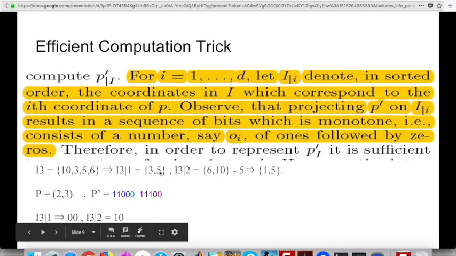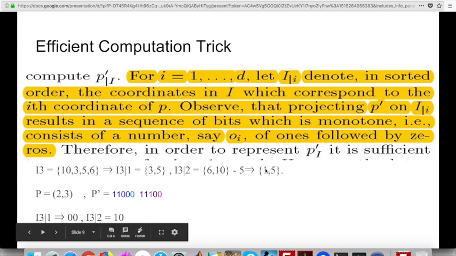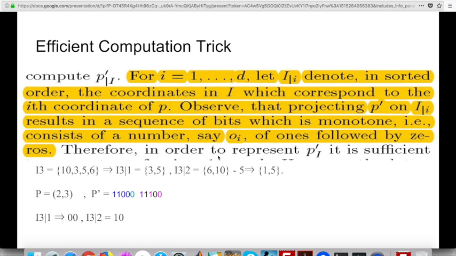The third and the fifth bit, which is this bit and this bit, become 0 and 0. While the projection of B dash on I3,2, which is the first and fifth bit in the second coordinate, becomes 1 and 0. Notice that it is always a monotone sequence of bits. It should always consist of a number of ones followed by zeros.